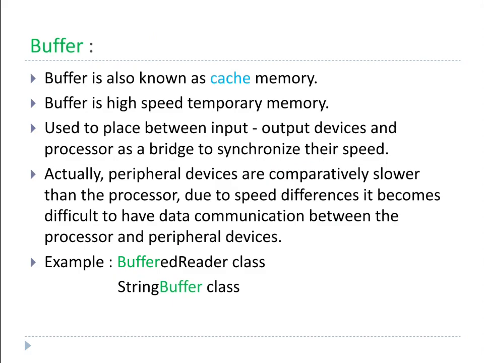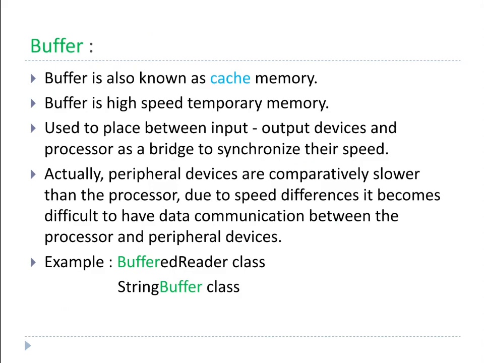Actually, when data is moving from different places, we have different speeds. And if we want to go smoothly with different speeds, we have to place one cache memory over there. That cache memory is buffer.